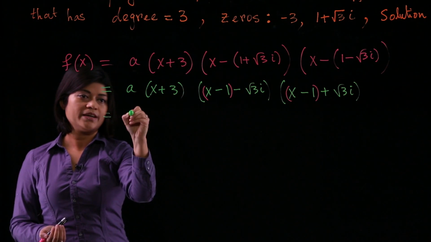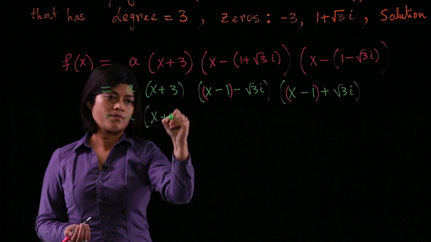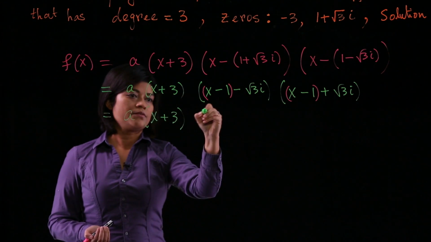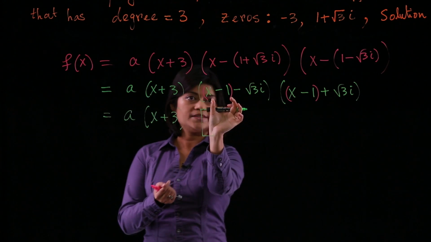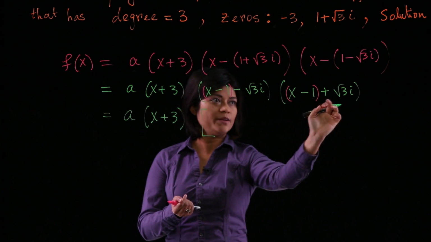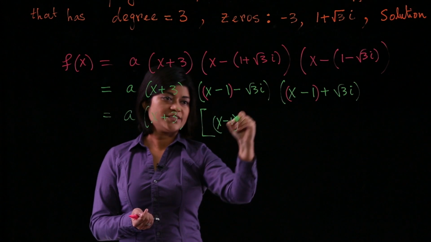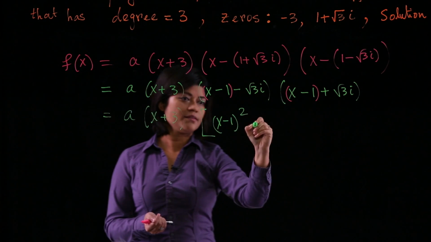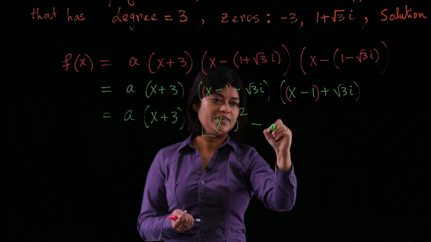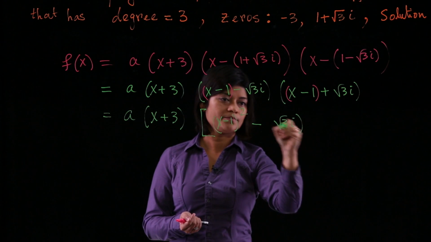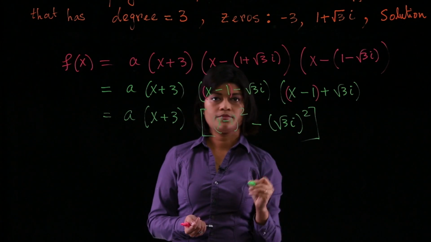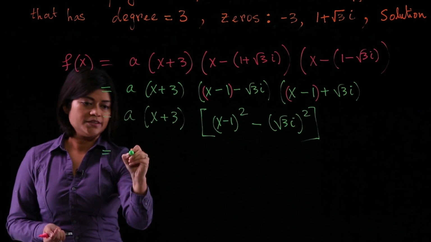All right, so let's do that. Again, this is a minus b times a plus b. If you combine, you get a square, where a is x minus 1, minus b square, where b is square root of 3i. Let's continue.